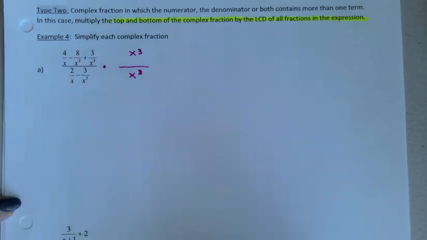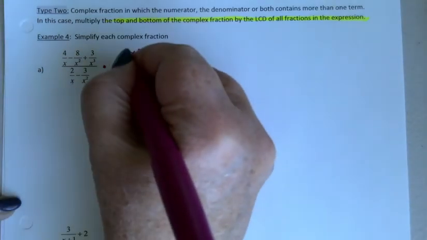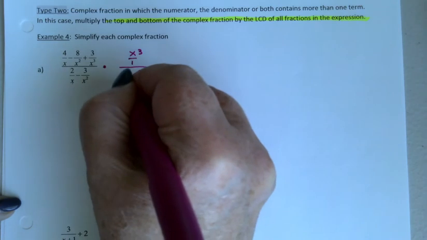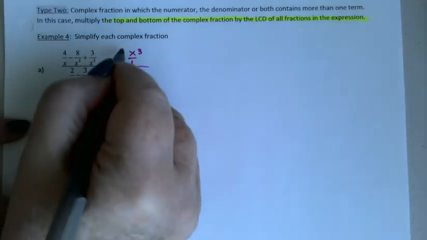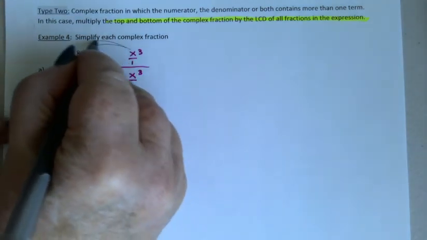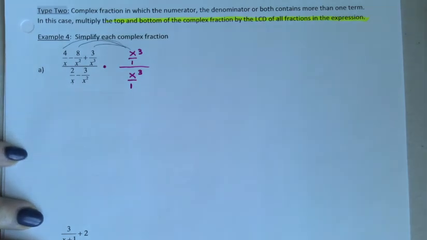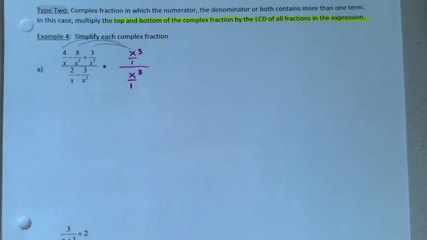All right, in order to do that, I think it's going to help if I think of both of those x cubeds as x cubed over 1s, because I'm now going to have to distribute that to all these small fractions. Depending on how comfortable you are, you may be able to do this next step in your head, but since you can't see inside my head, I'm going to write it out.